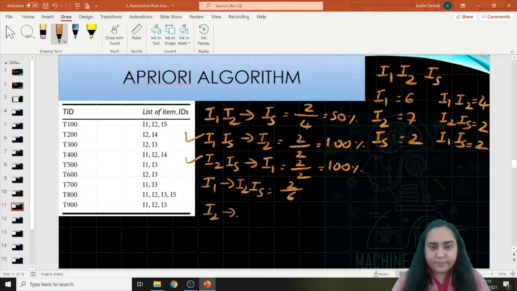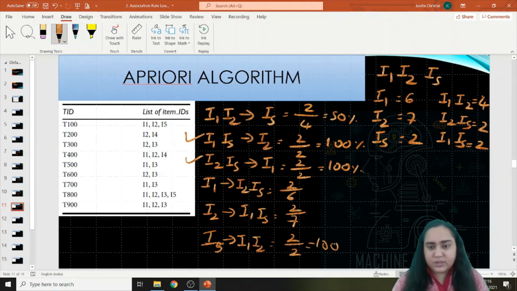I2 given I1 and I5. So this is going to make 2 divided by 7, which is also not interesting and is not meeting our minimum threshold. And I5 given I1 and I2, which will be again 2 by 2. So this is 100 percent, which means this is interesting as well.